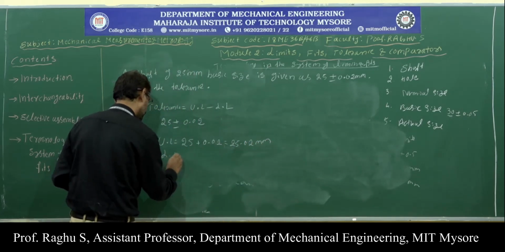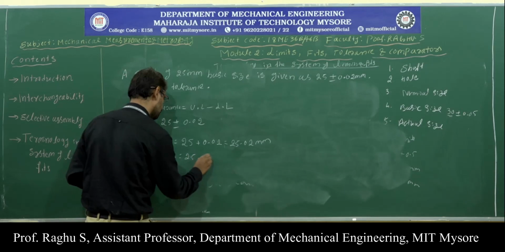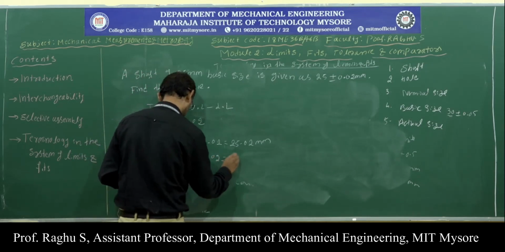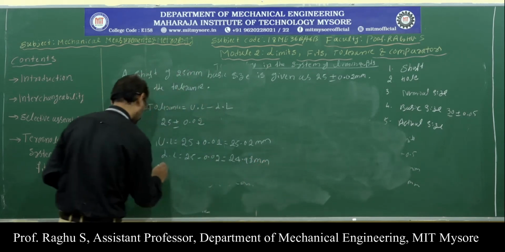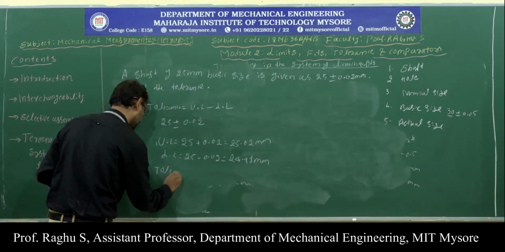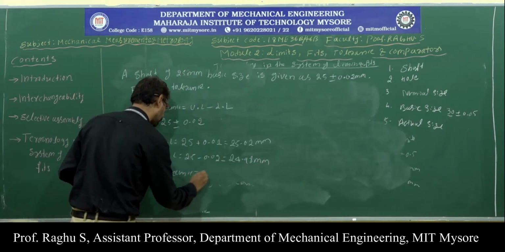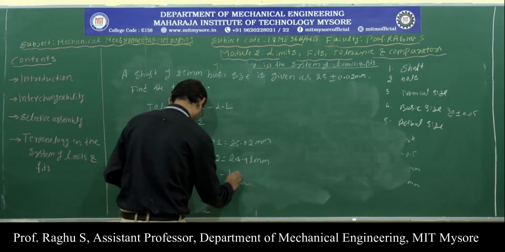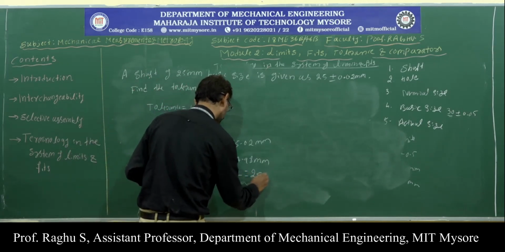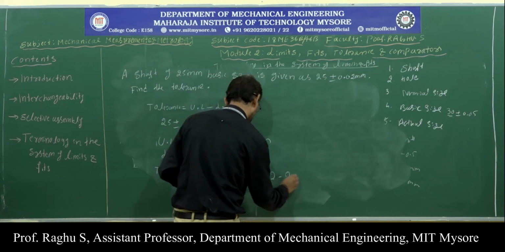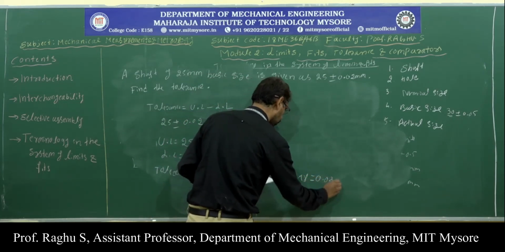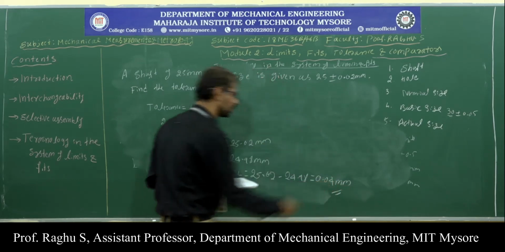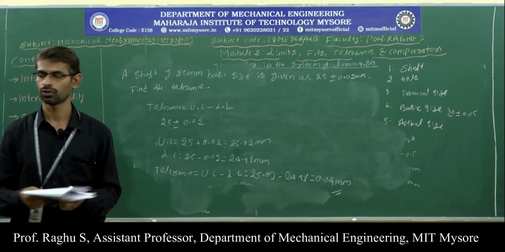The lower limit is 25 minus 0.02, which is equal to 24.98 mm. Now the tolerance is the difference between upper limit and lower limit, that is 25.02 minus 24.98, which is equal to 0.04 mm. So this is the tolerance given on the shaft.